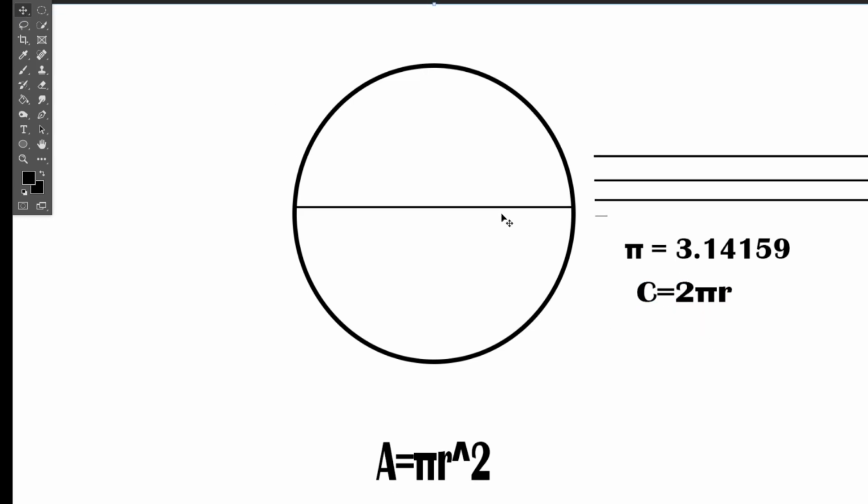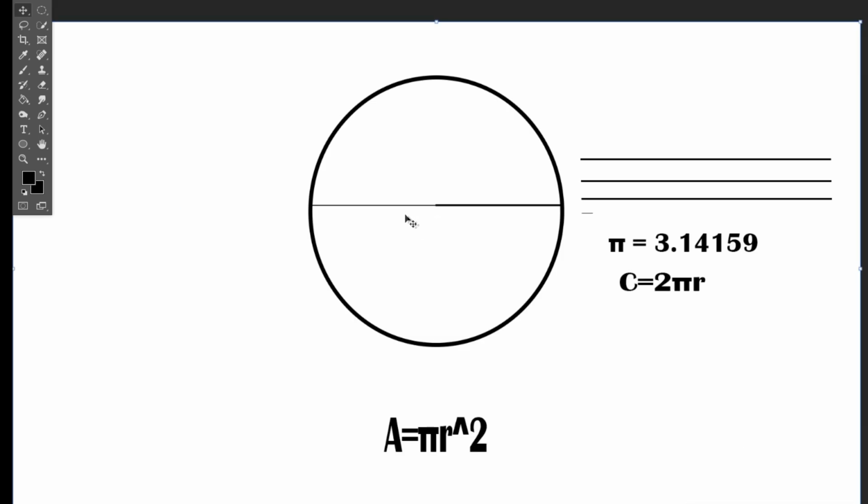So what this means, okay, so this is the radius, the r, and we duplicate it, we multiply it by 2, and when we do that, we get this. So we got these 2 lines forming the diameter. We multiply this thing by pi, so by this amount, and we're basically just filling out the entire circle. This is what the circumference means.